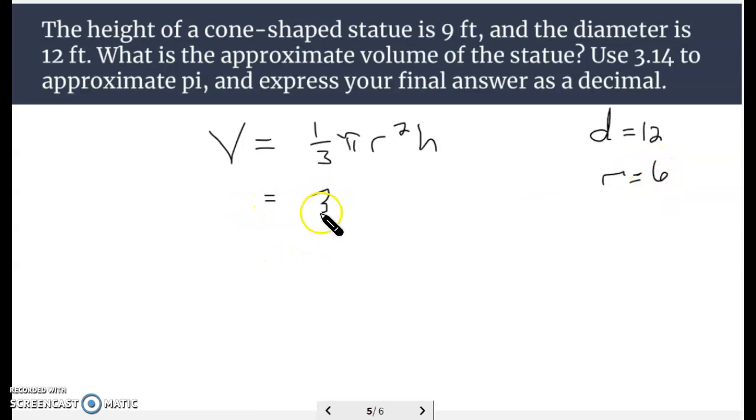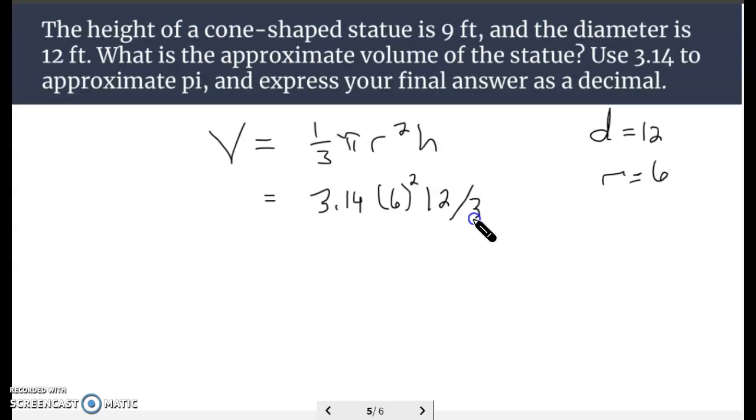So let's do this. We'll do 3.14 for pi. Radius is 6 squared. Height is 12. And then we're going to divide by 3. That takes care of the multiplying by 1/3. 3.14 times 6 times 6 times 12 divided by, oh, I think I did that wrong.